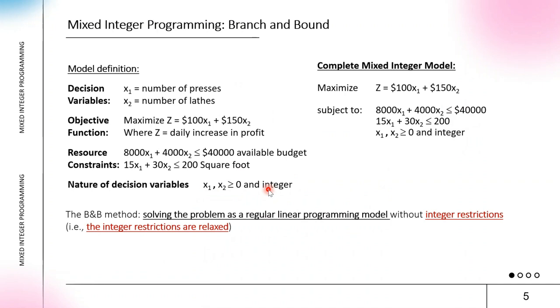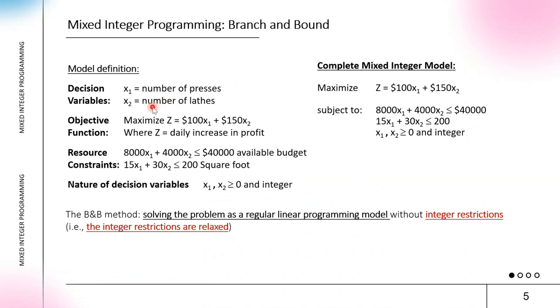Before solving, we need to formulate the optimization problem mathematically. That means identifying the decision-making variables. We have two decision-making variables: x1, number of presses, and x2, number of lathes. Also the objective function.